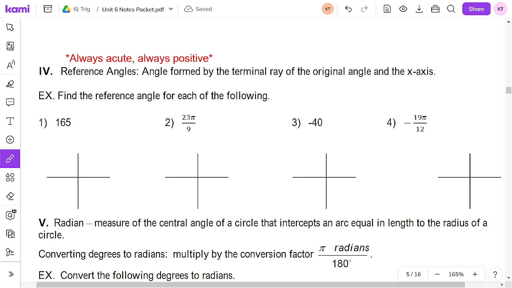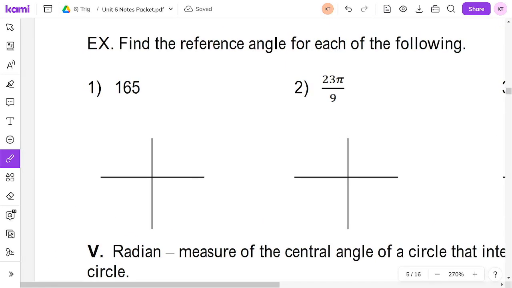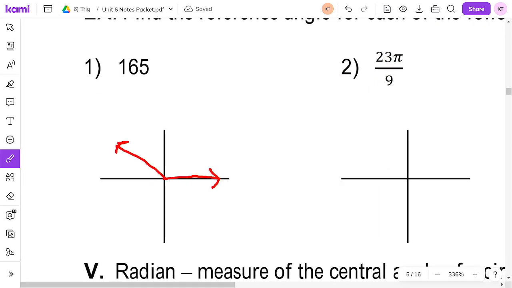If I have 165 degrees here, that angle will put me in quadrant number 2, and that would be a rough sketch of this angle right here. My reference angle will be between my terminal side, which is right here, and the closest x-axis, which is down here. So my reference angle is going to be this angle right here.